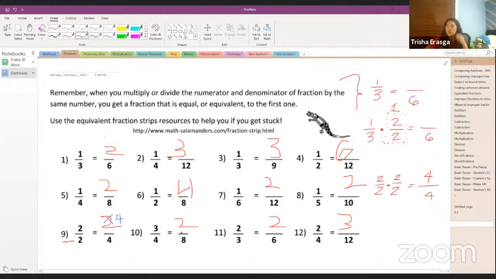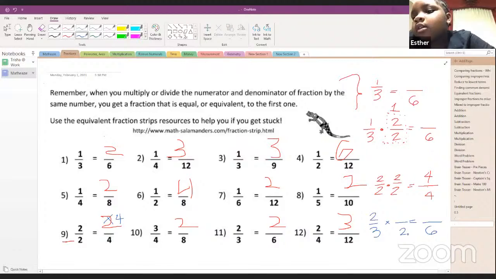So you multiply the top and the bottom with the same number. Let me give you an example. If you have 2/3 and you want to make it into 6, what do you have to multiply to get 6? 2. So you multiply the bottom with 2, you multiply the top with 2 as well.